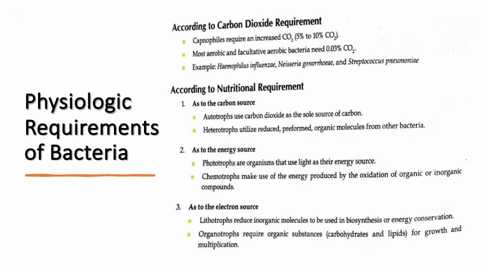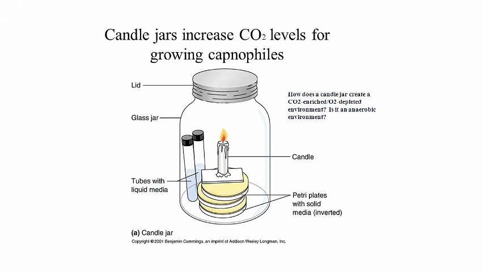Now, to illustrate, I have provided this image that shows how the candle jar technique is used to increase carbon dioxide levels for growing capnophiles. So typically, in the candle jar technique, we literally use white unscented candles to provide the necessary levels of carbon dioxide for your capnophiles.